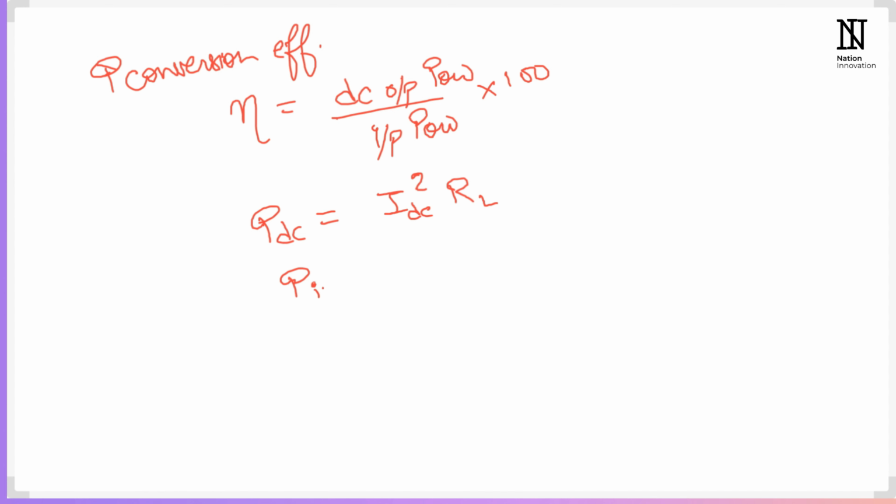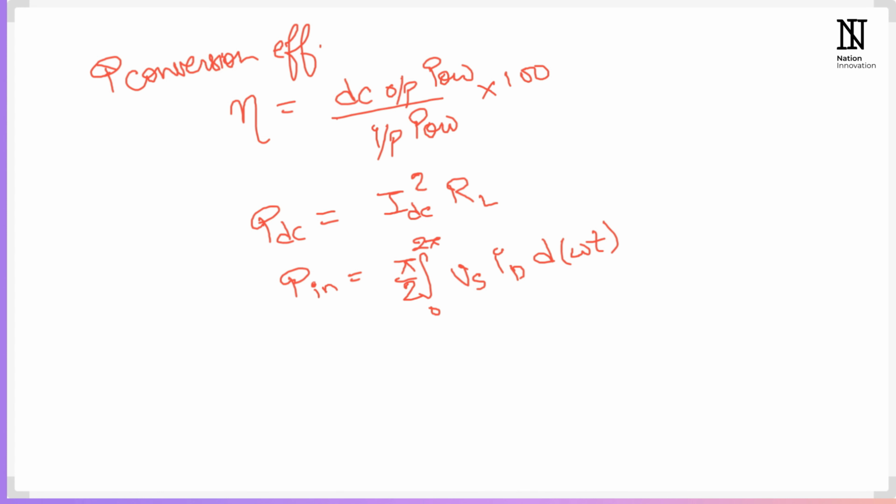The input power is AC power, so we integrate the source voltage times the current from 0 to 2 pi with respect to omega t.